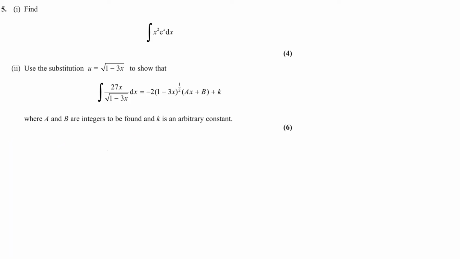Okay, second one we're using substitution. So this is u equals 1 minus 3x to the half. Du by dx is equal to a half 1 minus 3x times by minus 3. So minus 3 over 2. Oh, sorry, that's going to be to the minus a half. 1 minus 3x to the minus a half, like so.